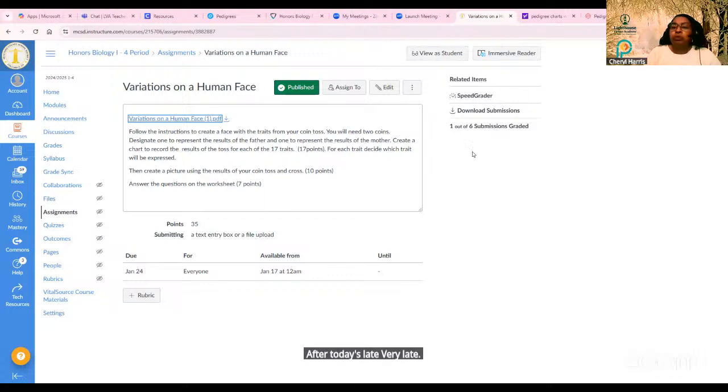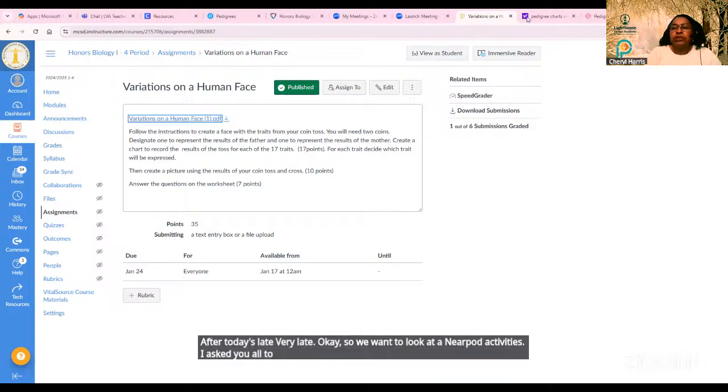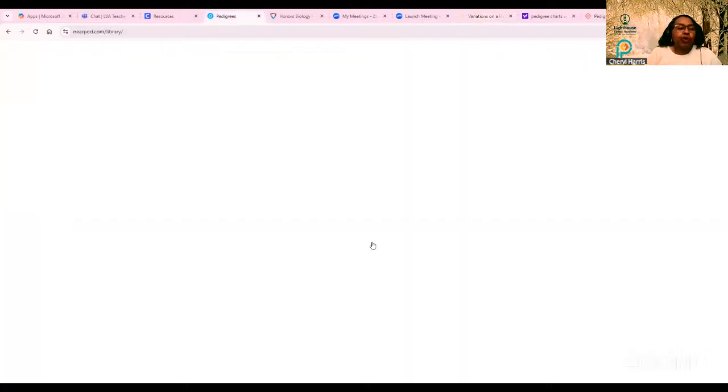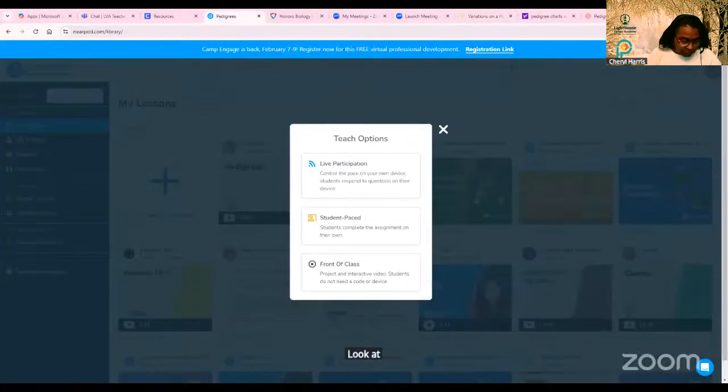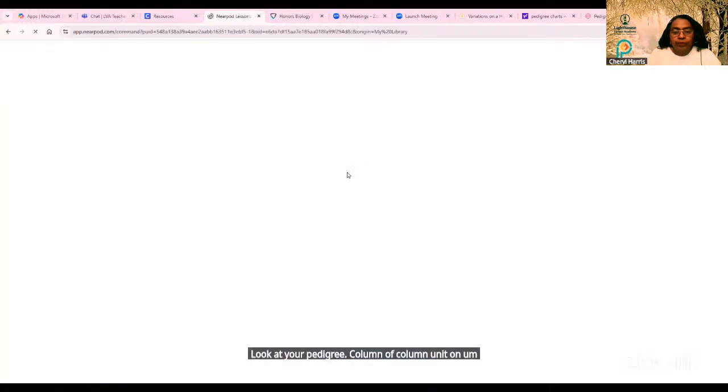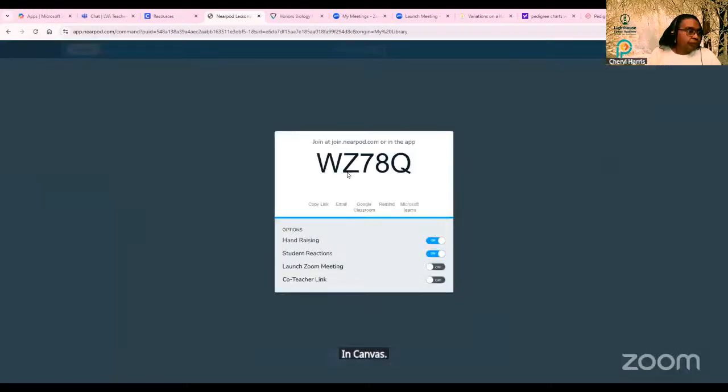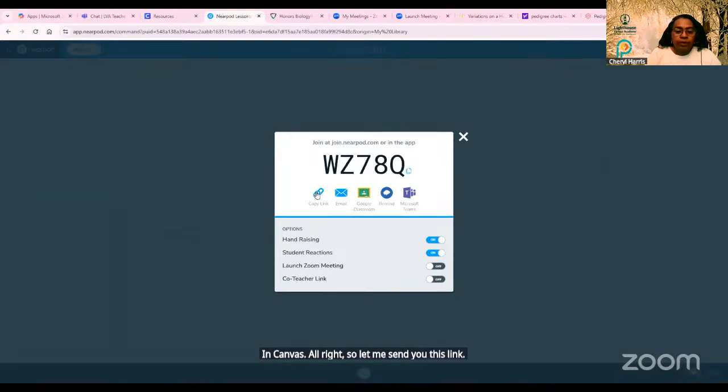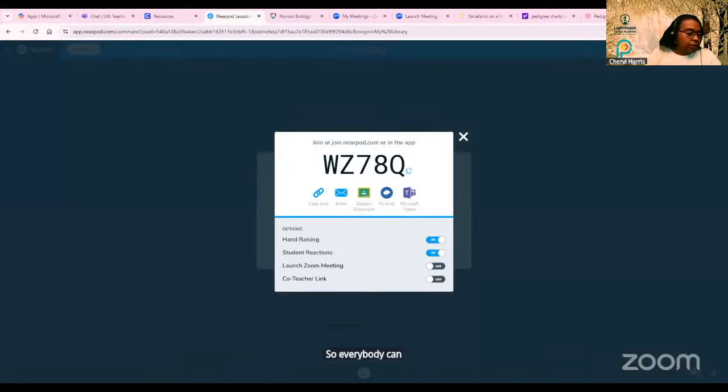Okay, so we want to look at Nearpod activities. I asked you all to look at your pedigree column of the unit in Canvas. All right, so let me send you this link so everybody can get in here.